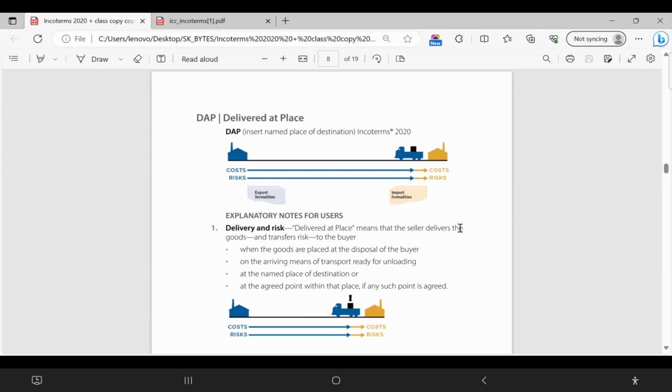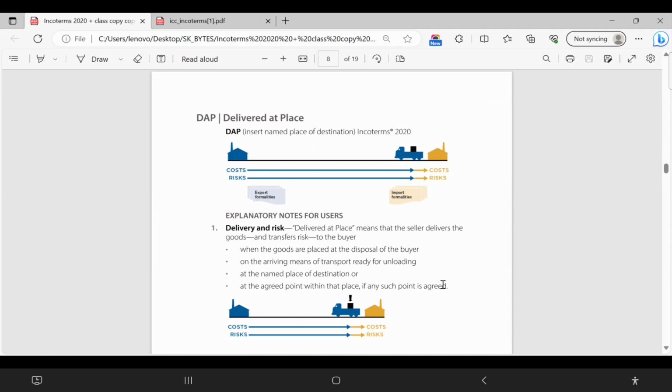Delivered at place means the seller delivers the goods and transfers risk to the buyer when the goods are placed at the disposal of the buyer on the arriving means of transport, arranged by the seller, ready for unloading at the named place of destination or agreed point within that place.